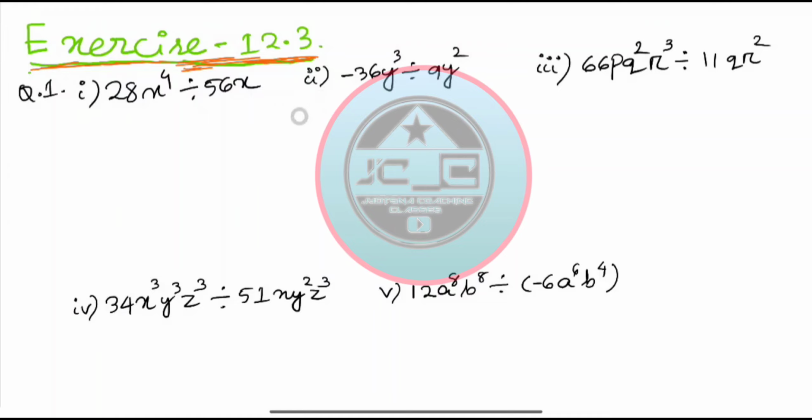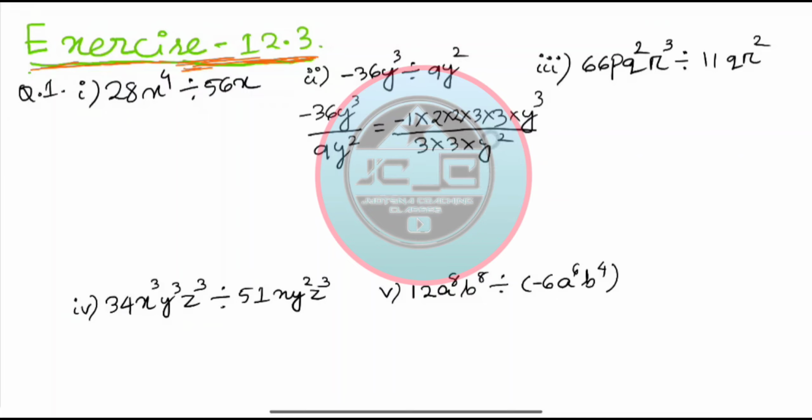Bit ii says minus 36y cube divided by 9y square. We should be writing like this: minus 36 means minus 1 into 2 into 2 into 3 into 3, right? And into y cube, whole divided by 9y square. 9y square is 3 into 3 into y square, right?